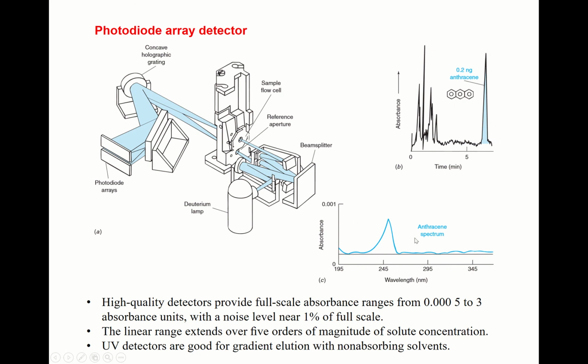This is the anthracene spectrum, and you need high quality detectors because they provide a full scale absorbance range from 0.005 to 3 absorbance units.